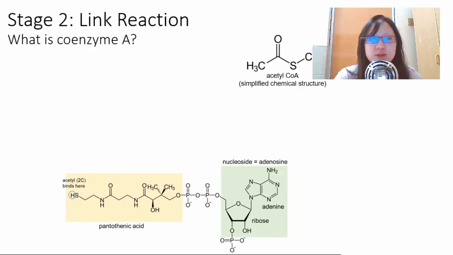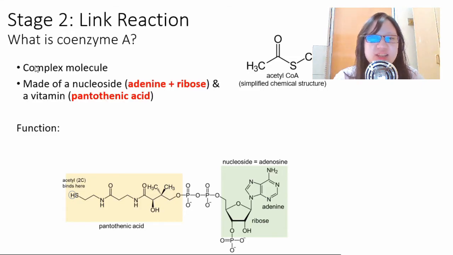Now again, what is coenzyme A? Here we go. It is actually a complex molecule. We usually use CoA as a simplified chemical structure, but you can see here that actually it is pretty crazy. It is made out of a nucleoside, which is adenine and ribose, and also a vitamin, pantothenic acid right here.